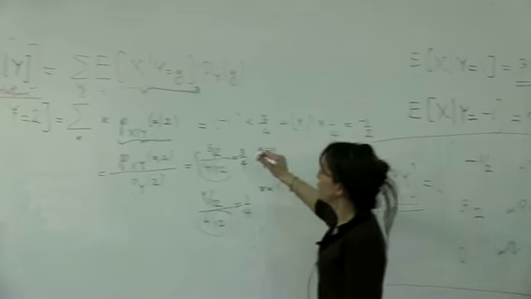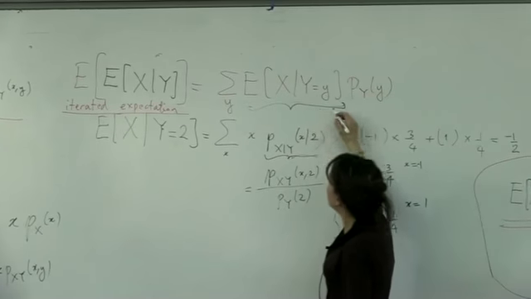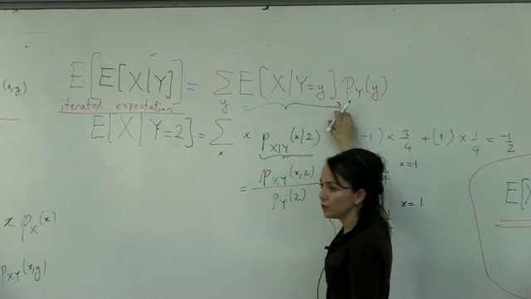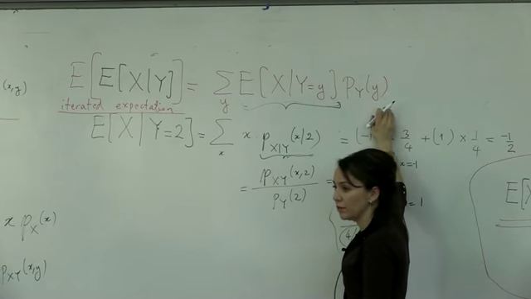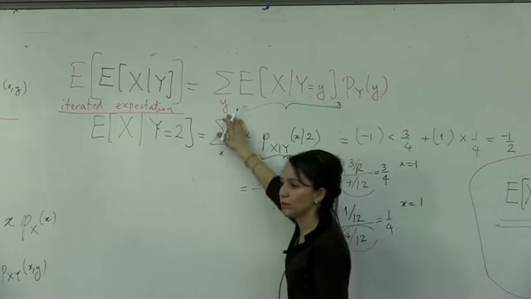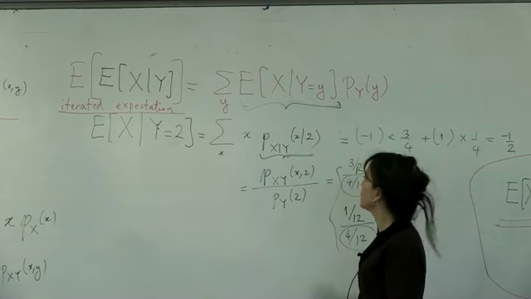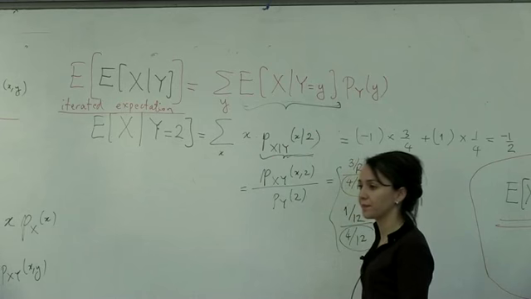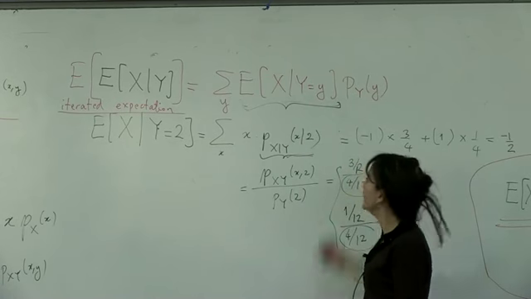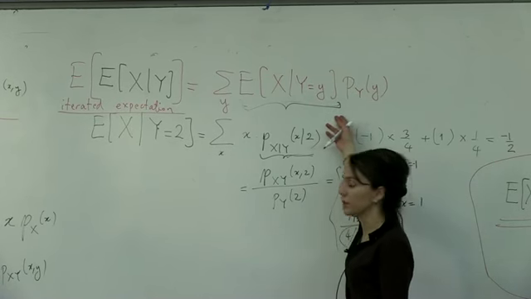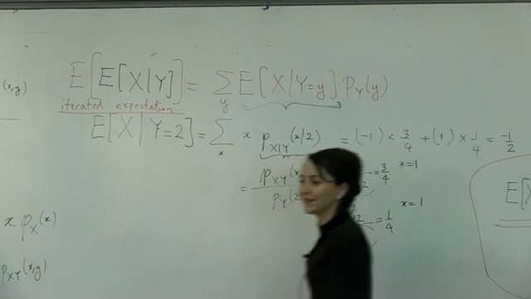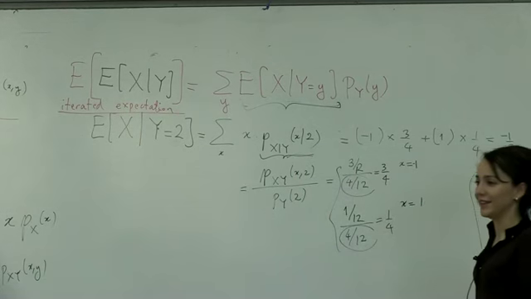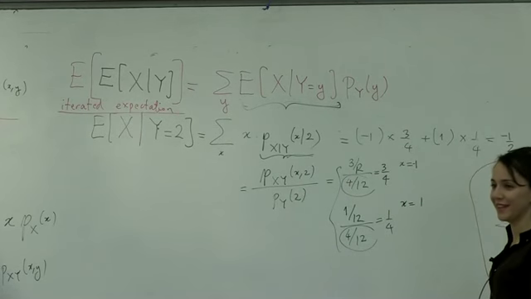Okay, so what am I doing here? I'm multiplying the value times the PMF value and summing over all possible values that this random variable takes. This is an expectation. It is the expectation of x given y. Okay? So, let me repeat.